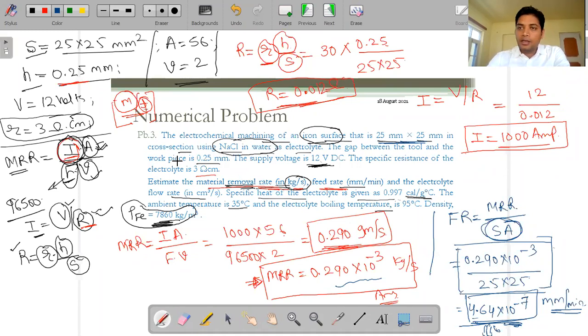Junaid Bhatt, ME 1834, what value are you getting? You are not audible to me. Sir, 4.64 into 10 to the power minus 7. Is it right?